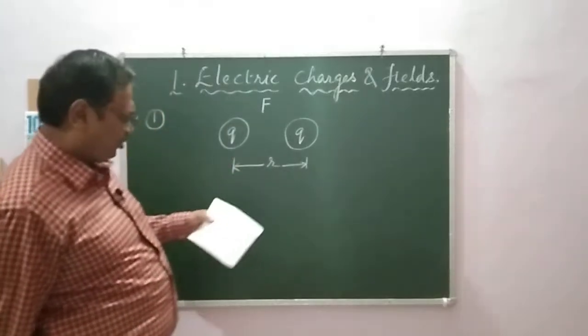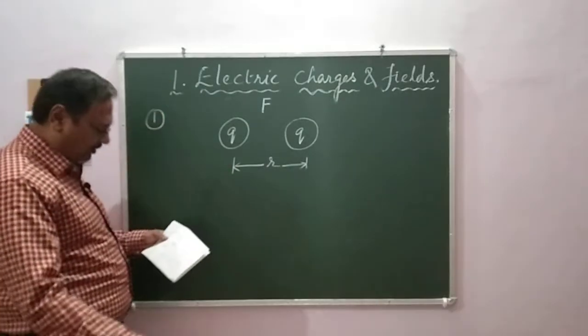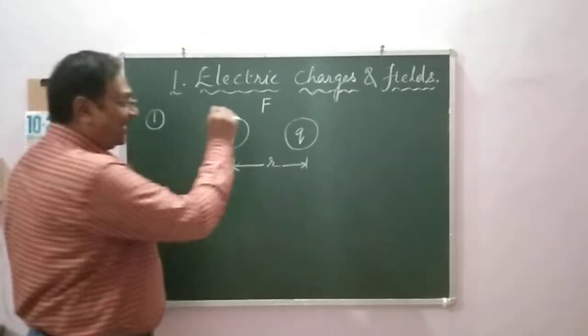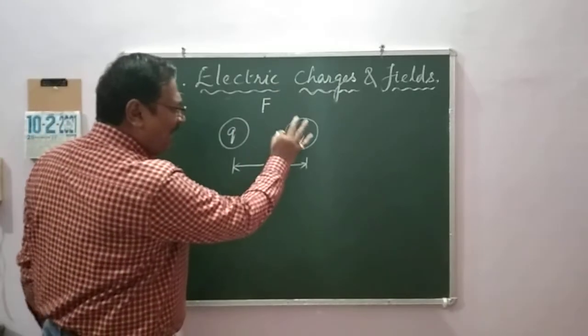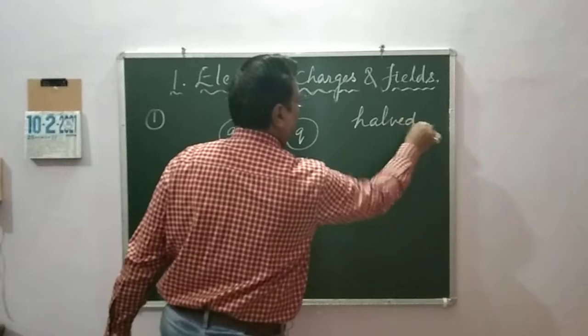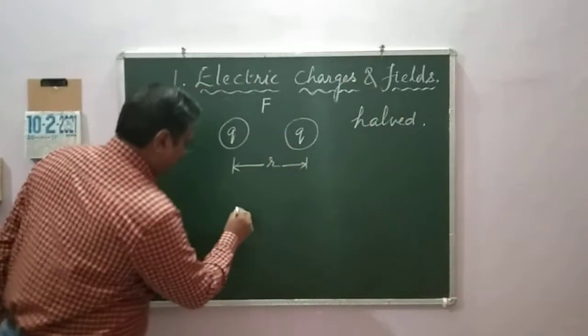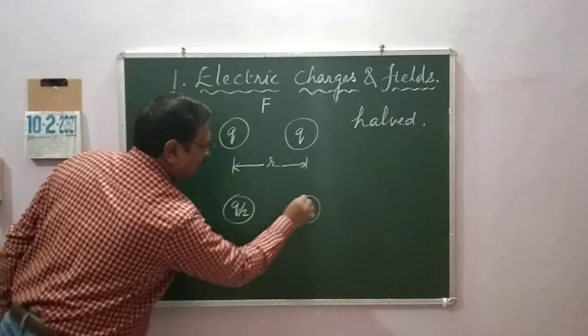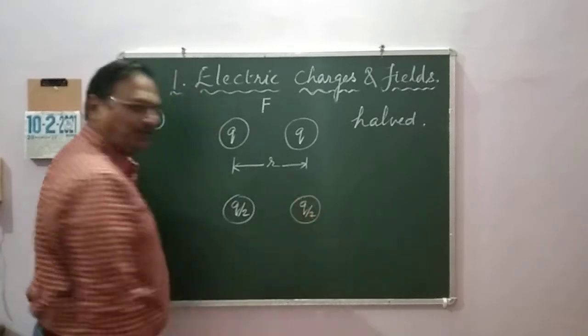So let it be, no issue at all. Now what is going to happen? The charges are halved. So I will write here Q upon 2, and this is going to become Q upon 2.